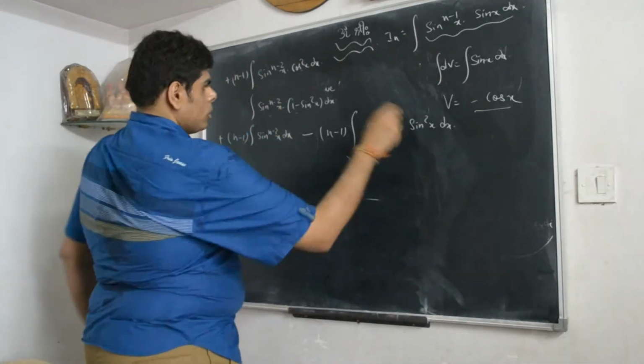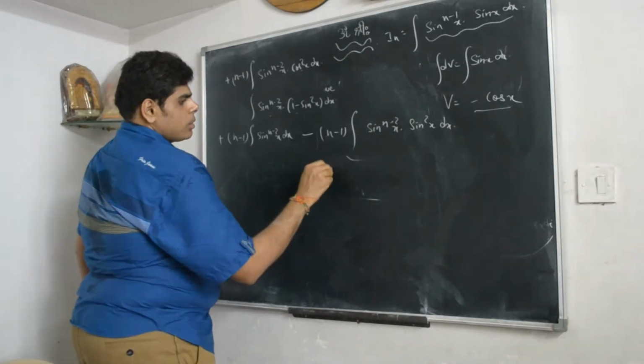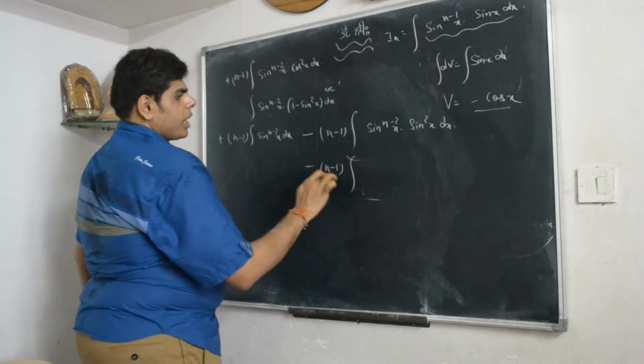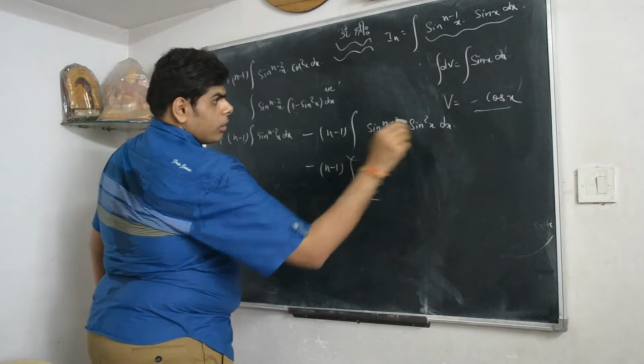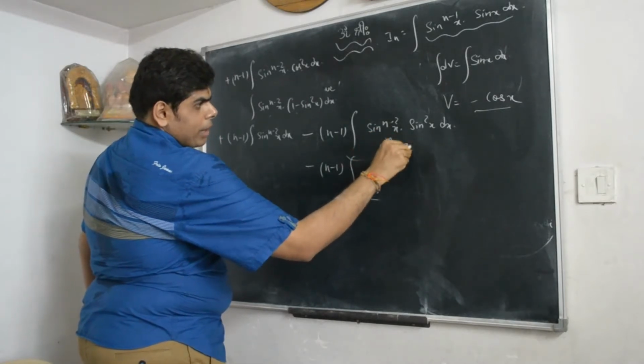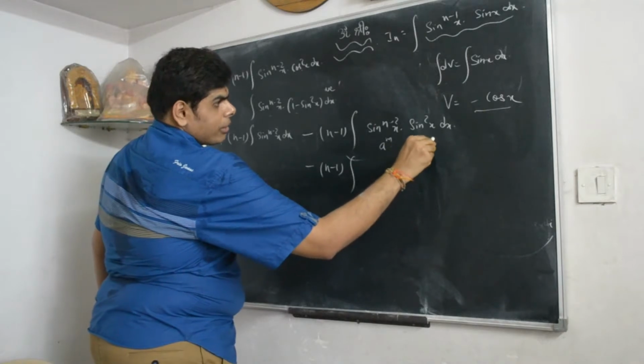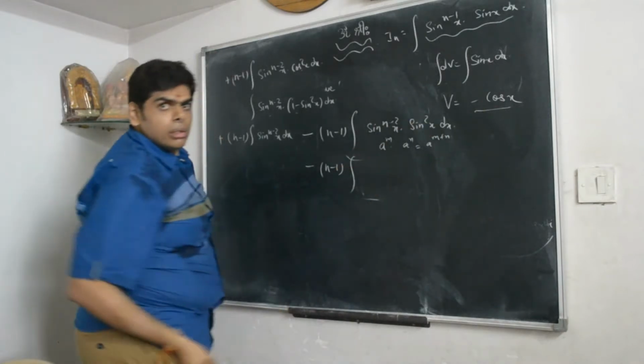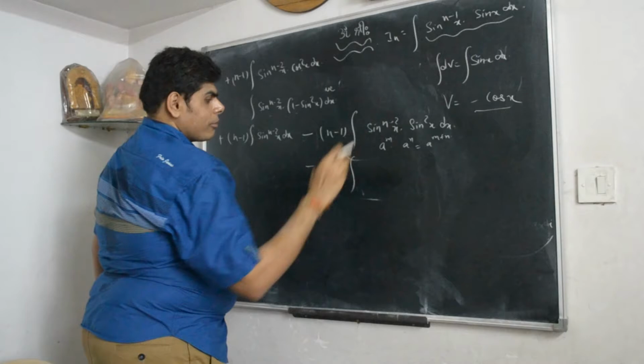So this is my solution. I can simplify this using the basic concept a^m into a^n is equal to a^(m+n), so we add the powers.